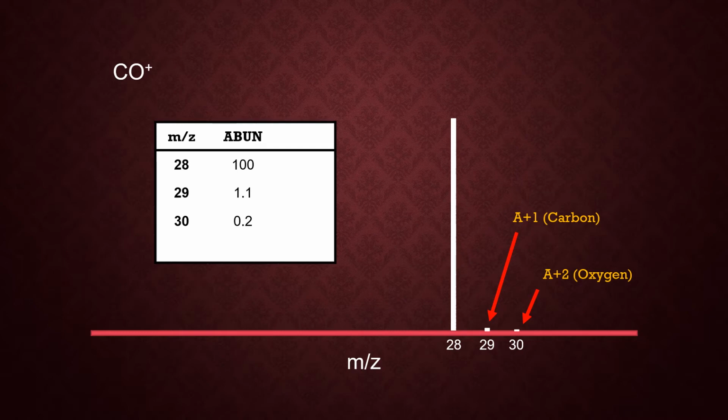And we could see the instrument has auto-scaled, set the dominant line to 100% abundance. The A+1 line is 1.1% relative to the line at 28. And the feature at 30 is 0.2 relative to the large peak at 28.